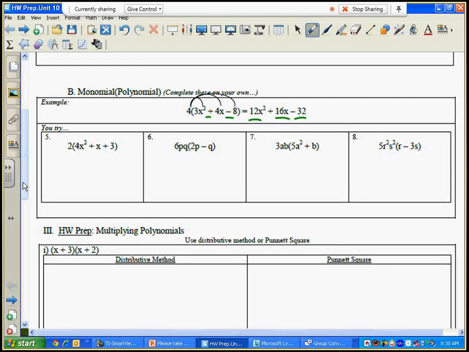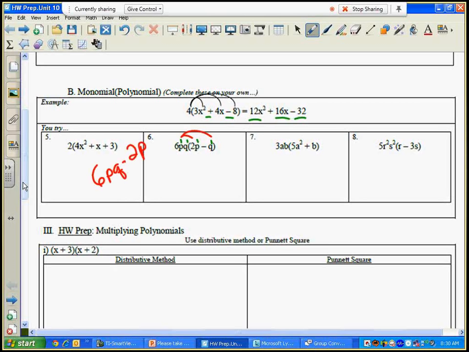Let's work number 6 together. On number 6, we have another monomial, like the 4, except it's 6pq. Now notice both the p and the q are to the first power. And we're going to multiply that times the binomial, 2p to the first minus q to the first. So what we're going to end up doing here is distributing, a little hippity-hoppity. On the first one, we're going to do 6pq times 2p.